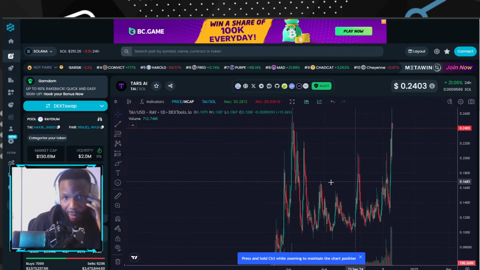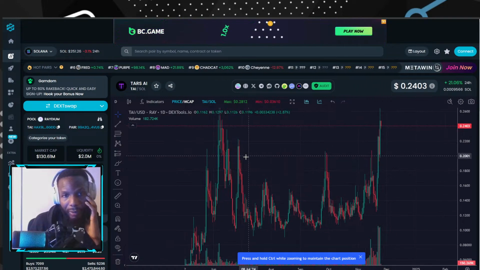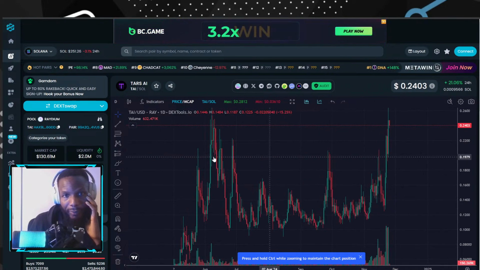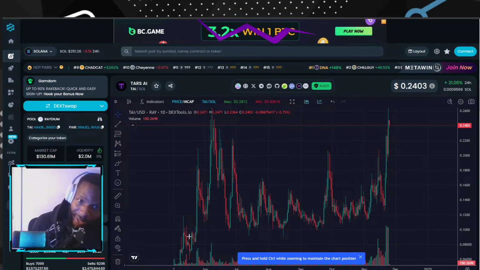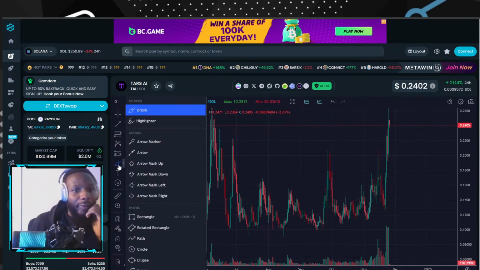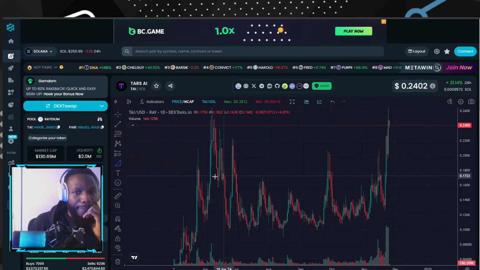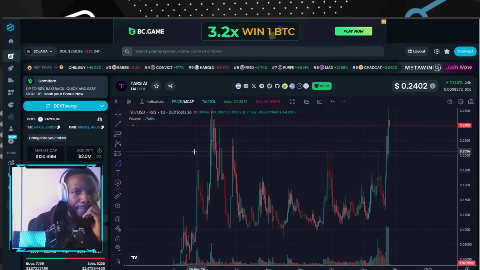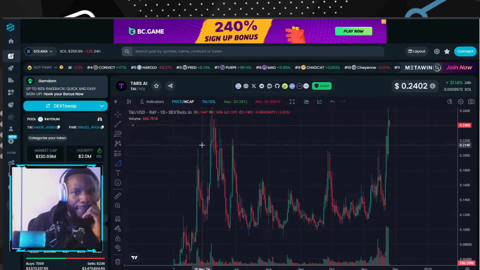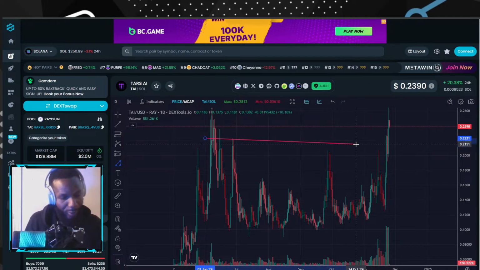But if you look closely, what I was looking for on this pair was that I wanted to see if this area here would get broken.